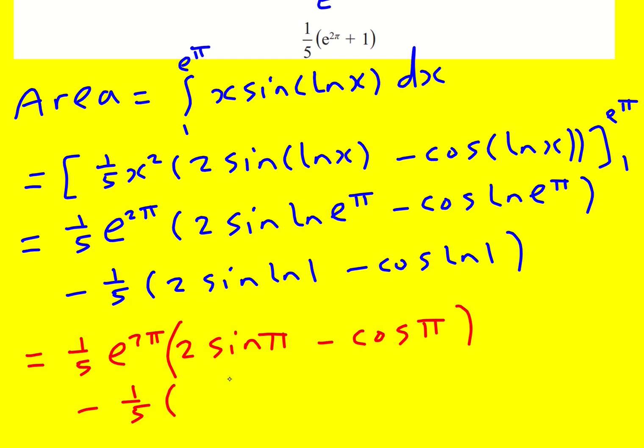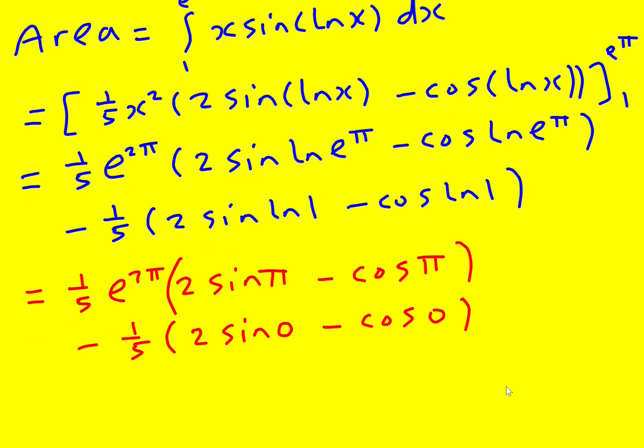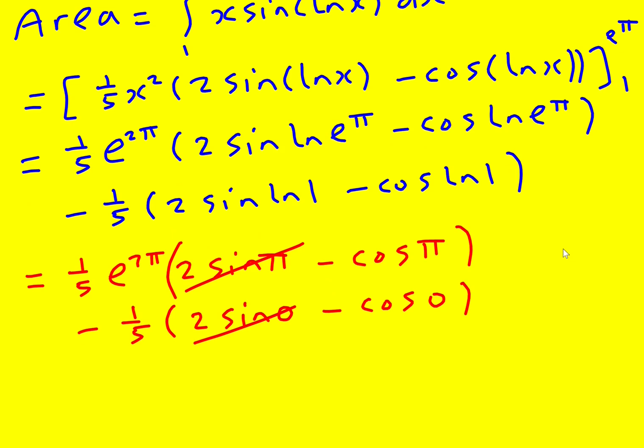Then minus 1/5, 2 sine 0 minus cos of 0. Now, sine 0 is just 0, and sine pi is also just 0. Meanwhile, cos 0 is 1, and cos pi is minus 1.